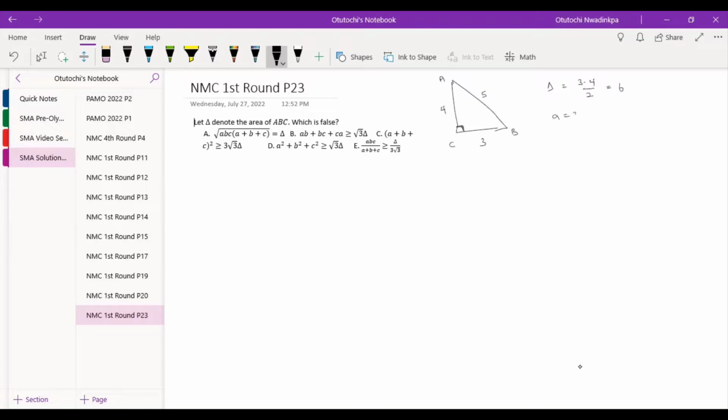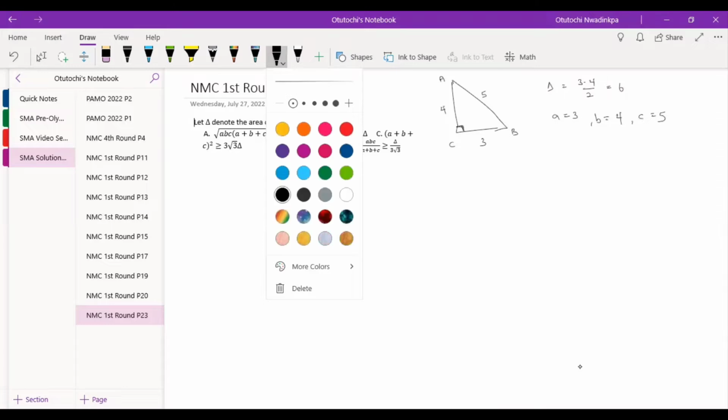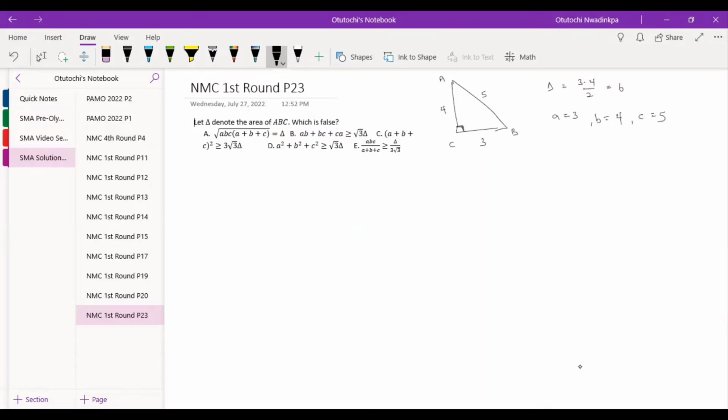We have A equal to 3, B equal to 4, and C equal to 5. Now let's try all the options and find out which of them is false.